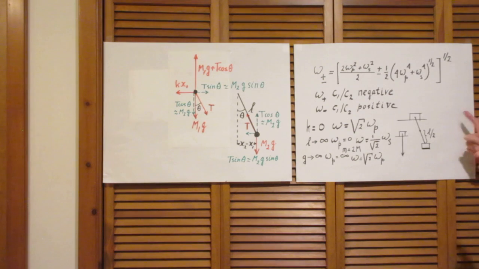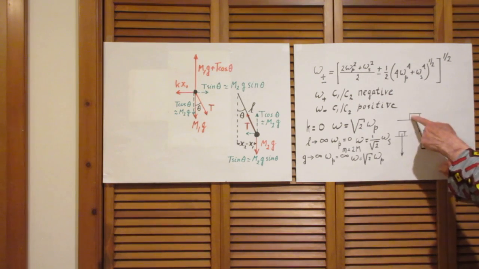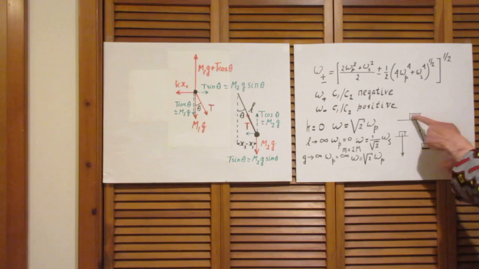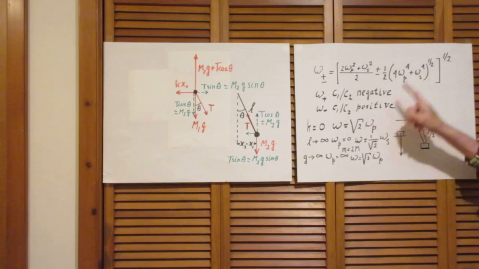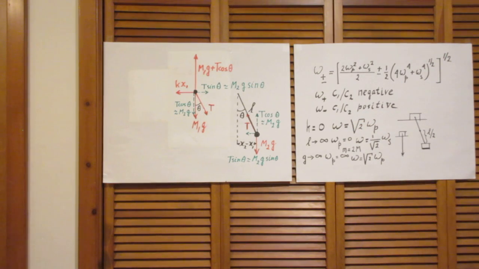There's only one frequency now. There are not two frequencies anymore. And this is that one frequency. And so it really oscillates about this point, and this length is L over 2. Therefore, the frequency of this system is the square root of 2 times omega p. Because L has now half the length.